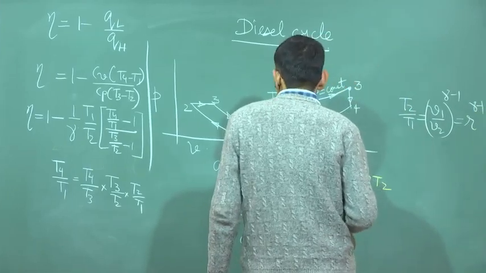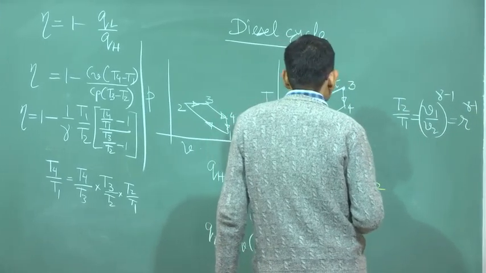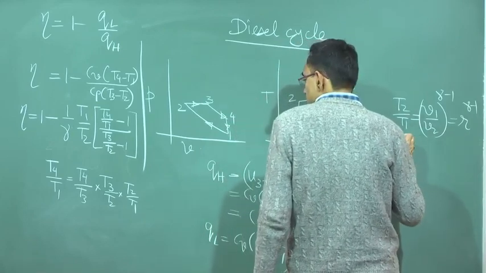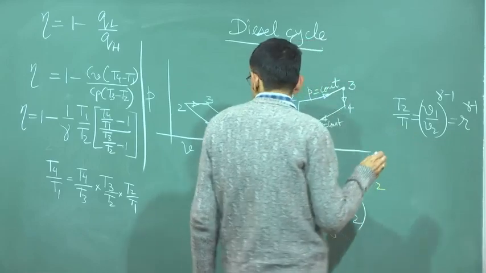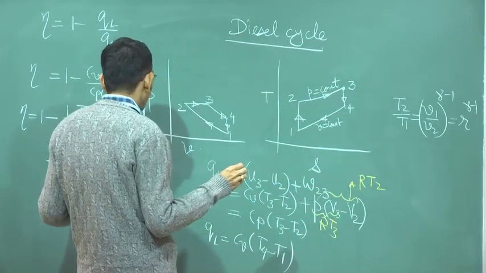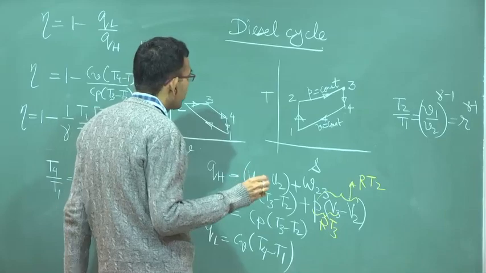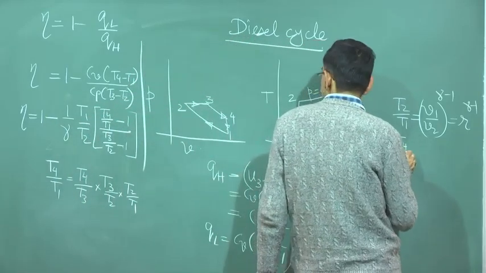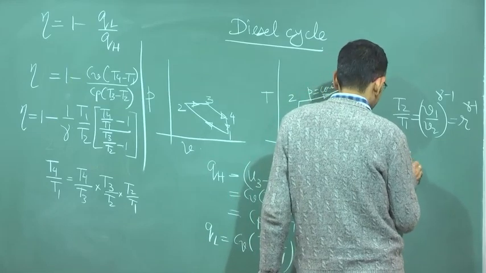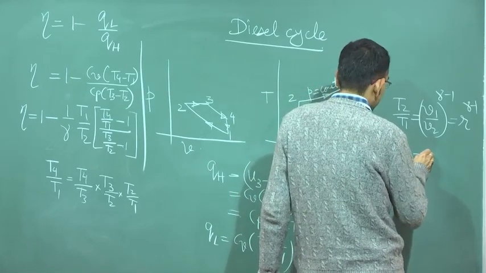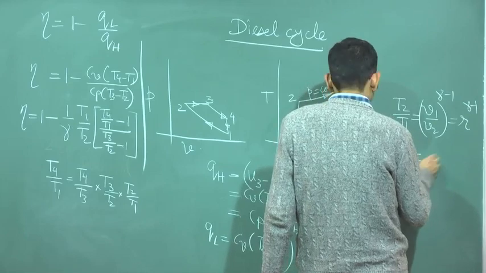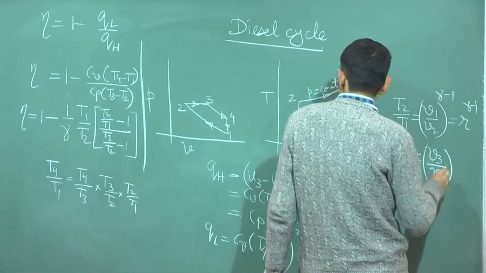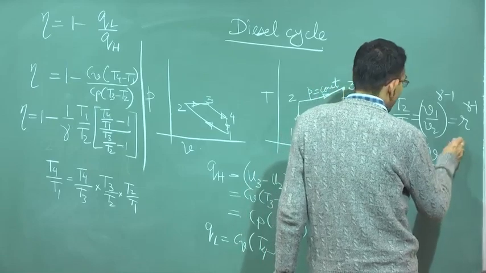And what is T4 by T3? It is equal to V3 by V4 to the power gamma minus 1.